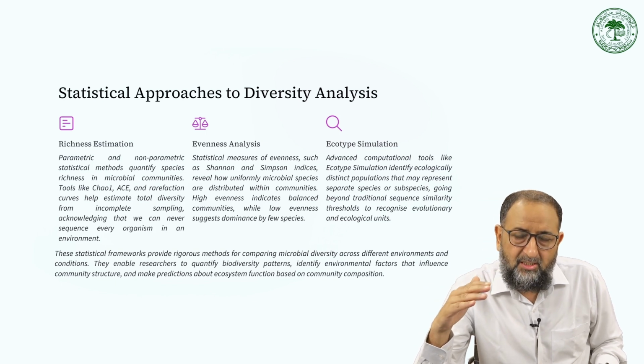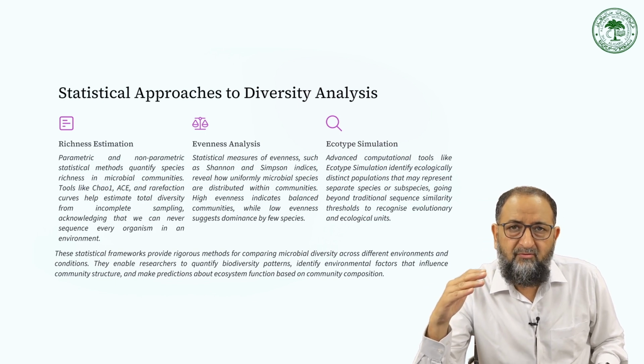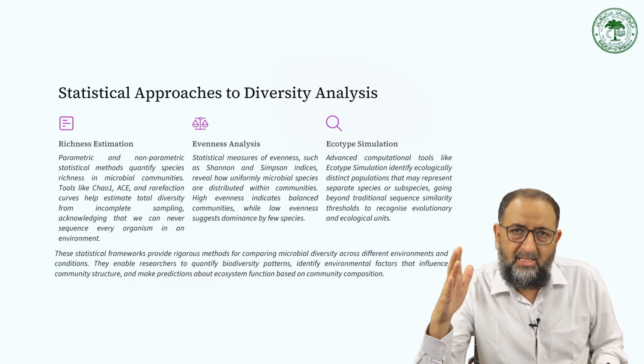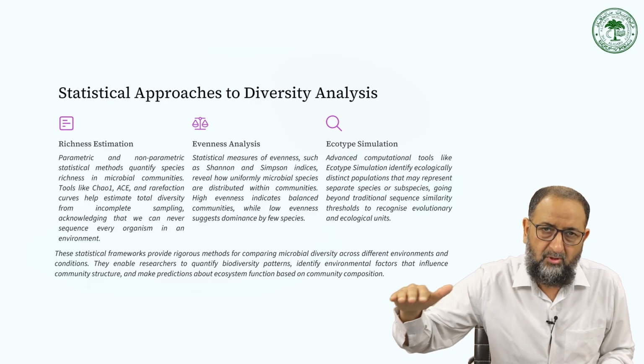And again, I'm repeating the same thing: what is the significance of classification? Until you characterize your organism on very unique characters, it is difficult for you to place them into different orders.